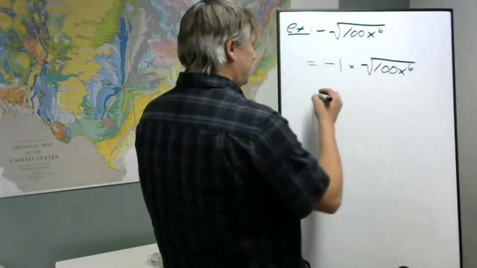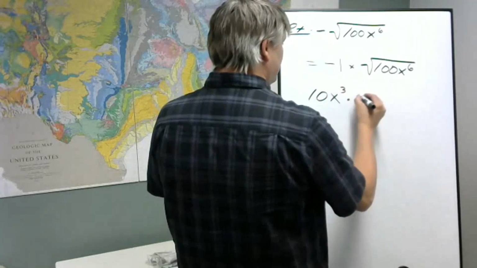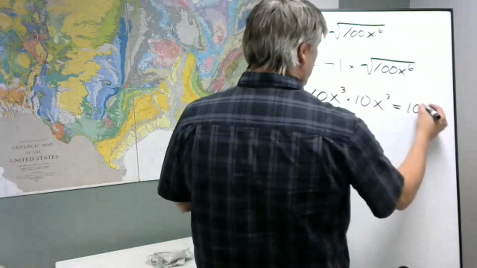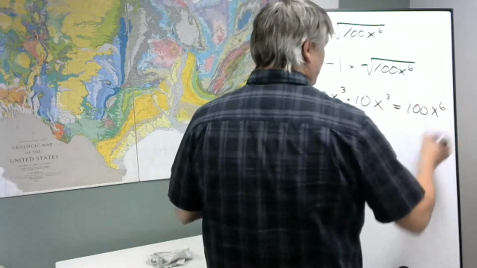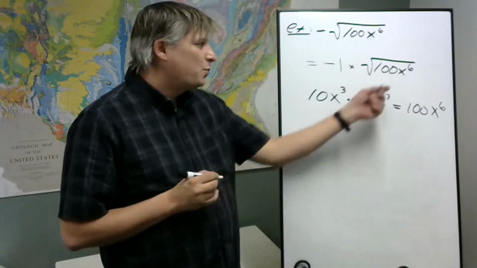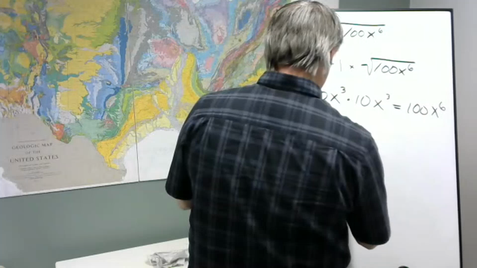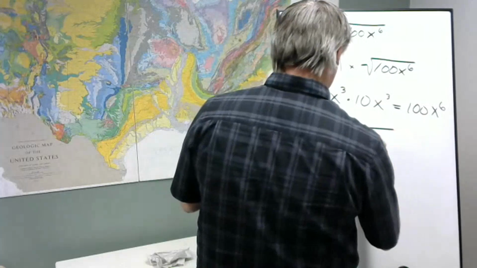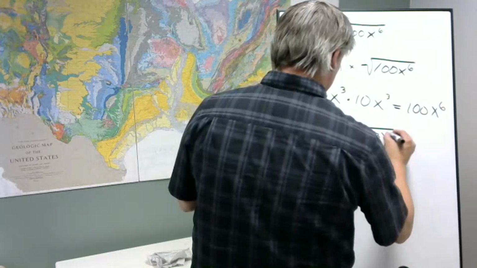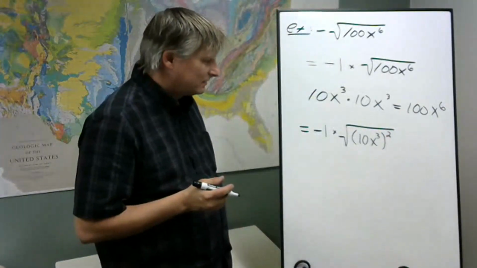Now you might realize that 10x cubed times itself gives you 100x to the 6th. So that means we can rewrite this as 10x cubed squared.